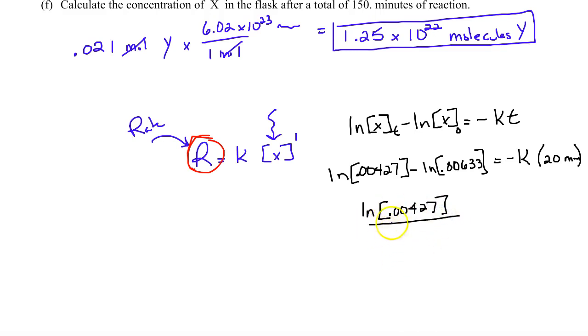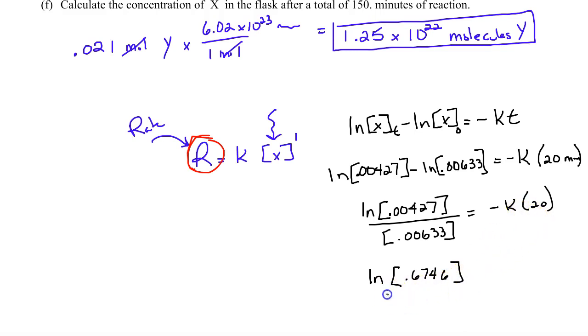The natural log of 0.00427 divided by 0.00633 equals negative k times 20. That division gives me the natural log of 0.674. Let's just keep it to 0.6746.